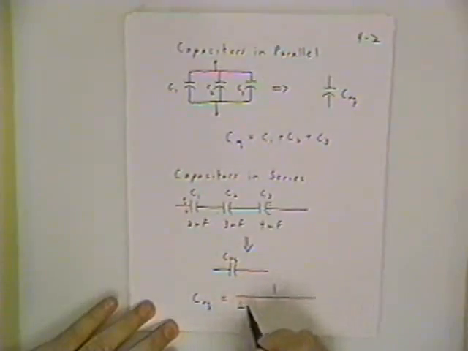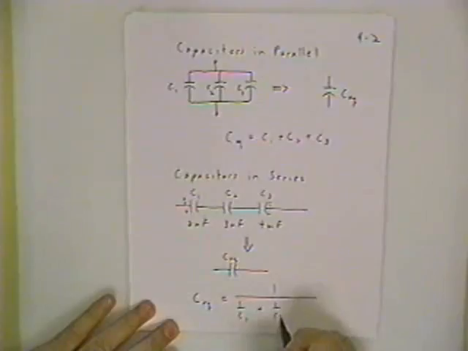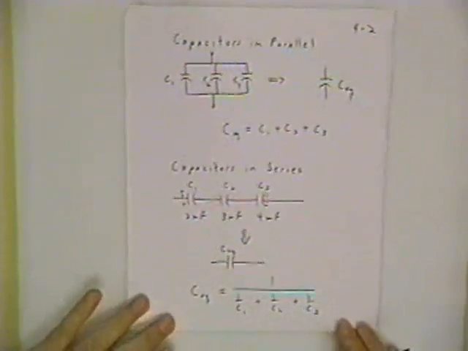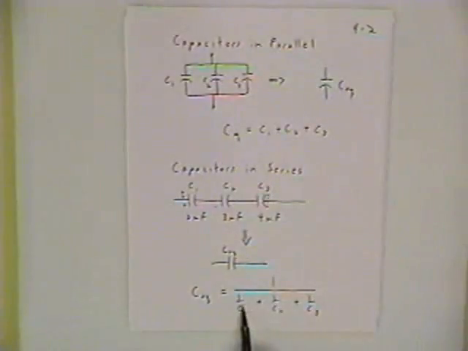In fact, the equation is exactly the same as for resistors in parallel. You just change the symbols. So what this is saying is that if you have a number of capacitors in series, you add up all of their inverses, and then you invert that result to get the equivalent capacitance.